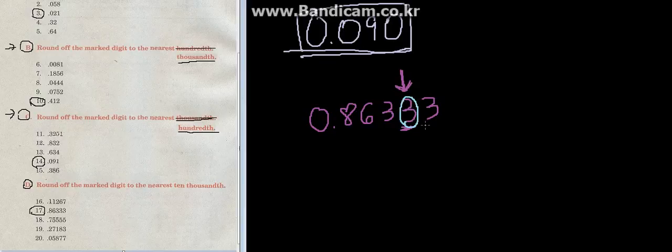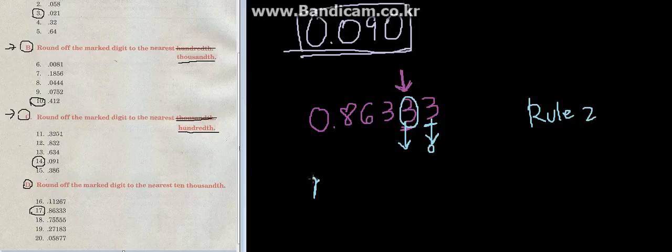To the right of the marked digit, there is another 3. Okay, so 3 is less than 5. Therefore, it follows rule 2, because 3 is less than 5. Rule 2 says that you don't do anything to the marked digit. The marked digit stays the same, and you just change the digit to the right of the marked digit into a 0.